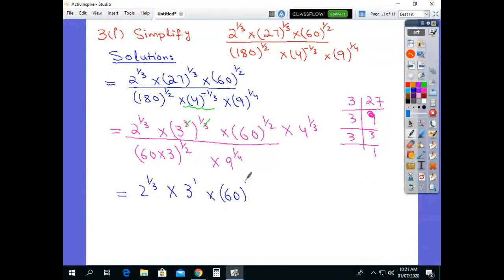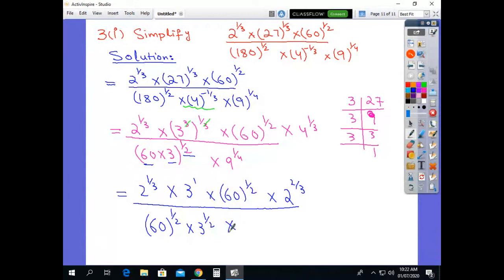Similarly, 60 raised to power 1 by 2, and we write 4 as 2 raised to power 2 by 3, because 4 can be written as 2 square, which is 2 multiplied by 1 by 3, and it becomes 2 by 3. Now we split the power 1 by 2 on 60 and on 3, and we write 3 square, because 3 square becomes 9, raised to 1 by 4.